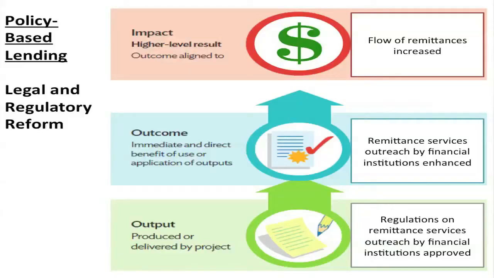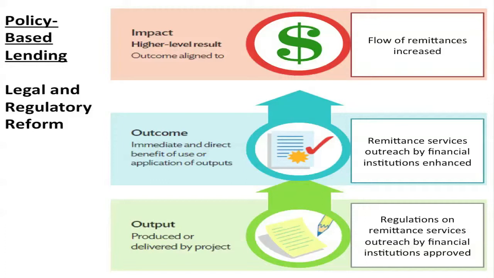So in this example, the output is that maybe the regulations around remittance services outreach undertaken by financial institutions is improved. Maybe currently we have a barrier that these financial institutions can't do the kind of outreach that they need to. Government regulation needs to be changed, so the output is that those regulations are improved.